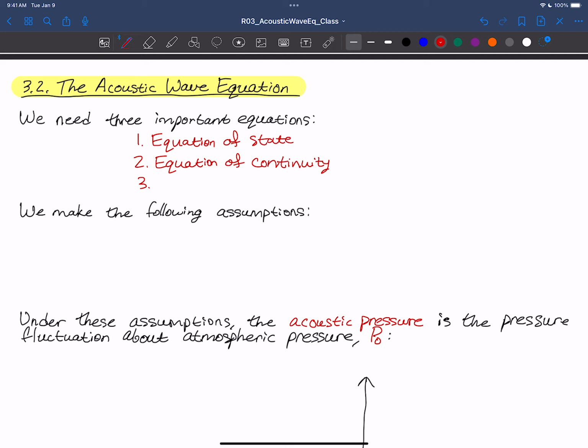And then the third is Euler's equation. Before we go through this analysis, we're going to make the following assumptions. First, we're going to assume that the fluid is lossless.